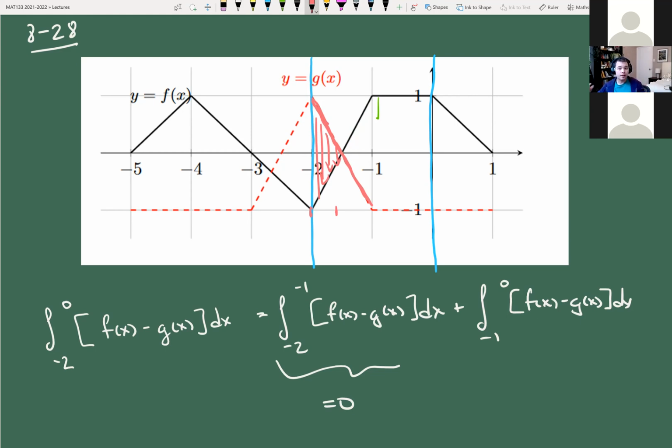Now the area between -1.5 and -1 is the exact same thing, but this time the red function is on the bottom instead of on the top. So on the left-hand side, the red function was on the top and the black function was on the bottom. On the right-hand side, the red function is on the bottom and the black function is on the top.